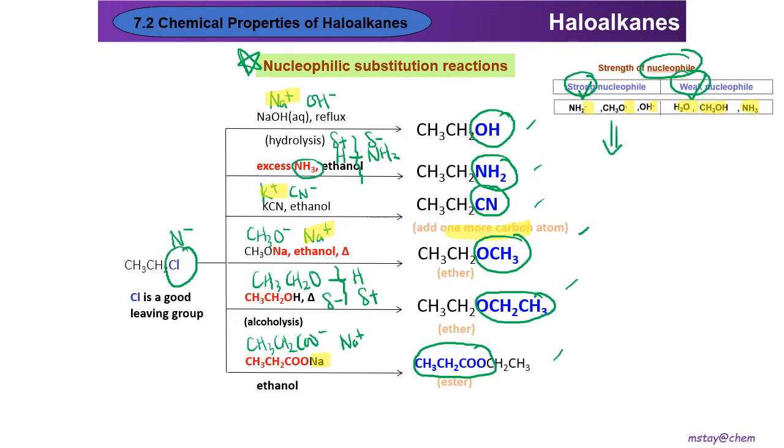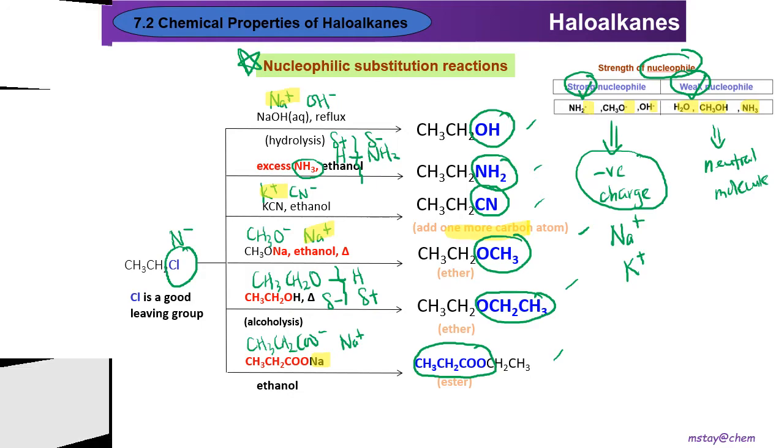Generally, a strong nucleophile has a negative charge, while a weak nucleophile is generally a neutral molecule. Based on the formula, as long as you can see Na+ or K+, the partner will be negatively charged, so it will be a strong nucleophile.